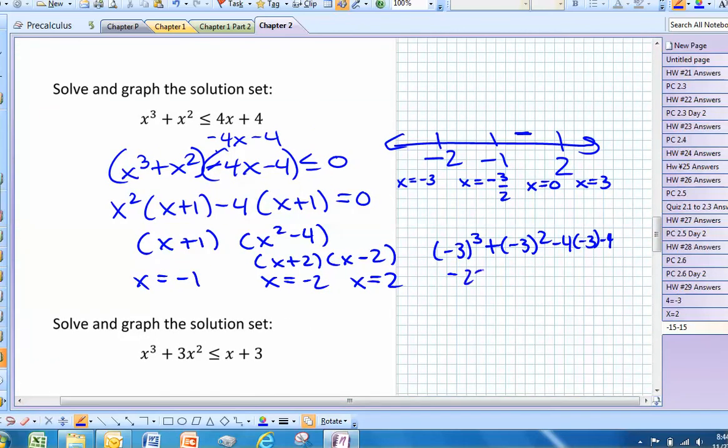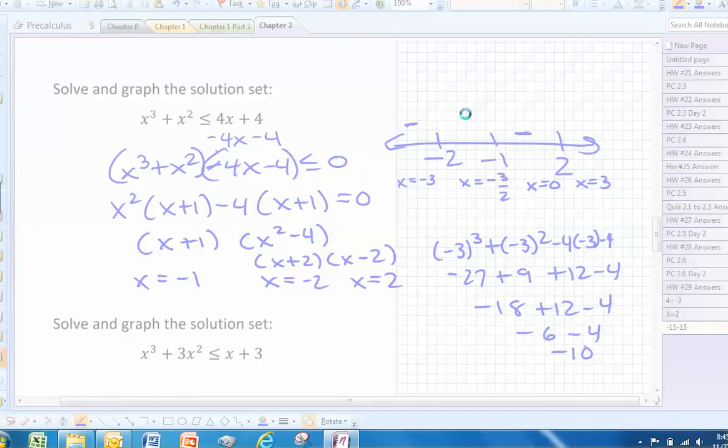So you get negative 27 plus 9 plus 12 minus 4. So you get negative 18 plus 12 minus 4. Negative 6 minus 4 is negative 10. So it's negative. If I put in negative 3 halves and just do it in the calculator, it's going to give me a positive number.